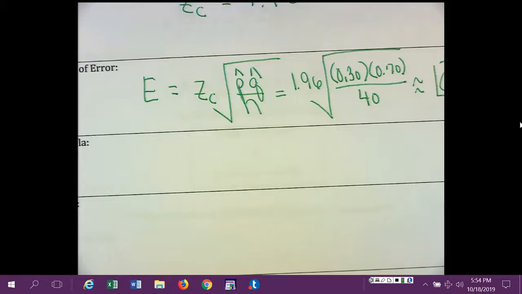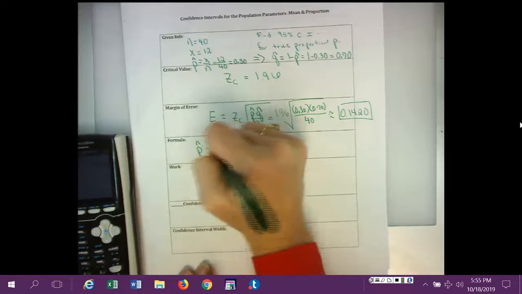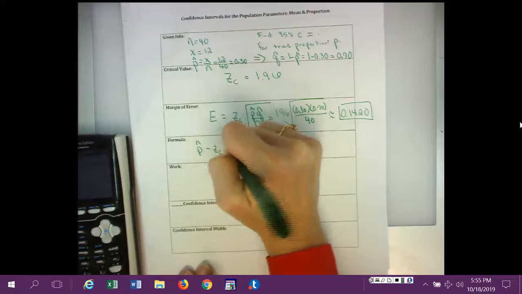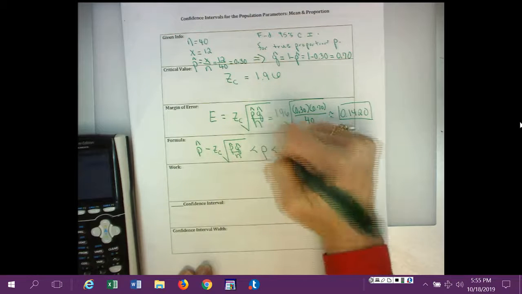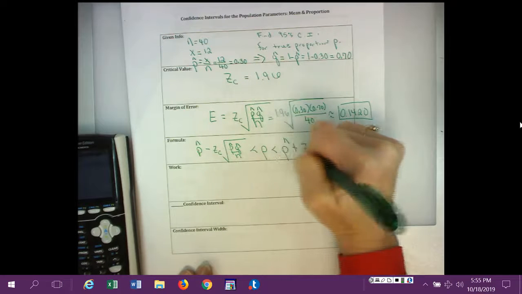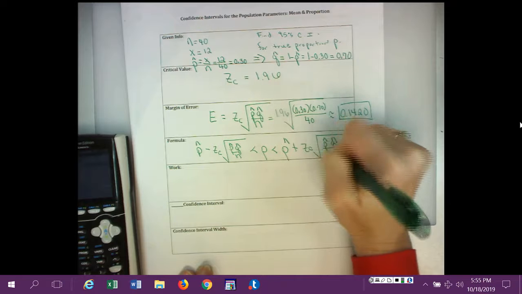Practice is very important. Going back to the formula, p hat minus z sub c square root of p hat q hat divided by n less than rho less than p hat plus z sub c square root of p hat times q hat divided by n.